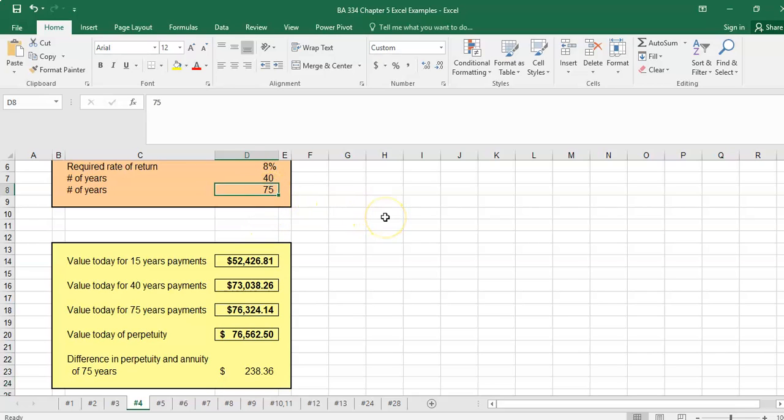At what point does the perpetuity equal the present value of something else? And I think we had to go to 160 years in order to get that close. So 160 years of payment, that comes out to 34 cents difference between 160 years of payments and the perpetuity.